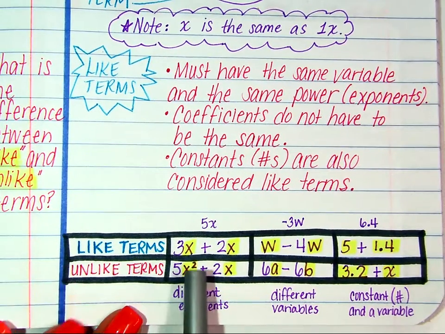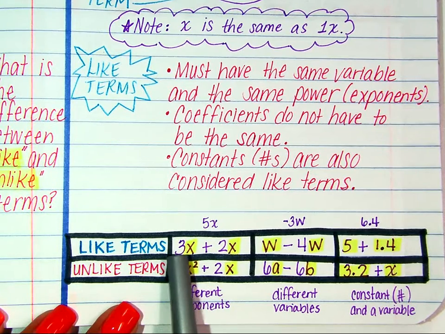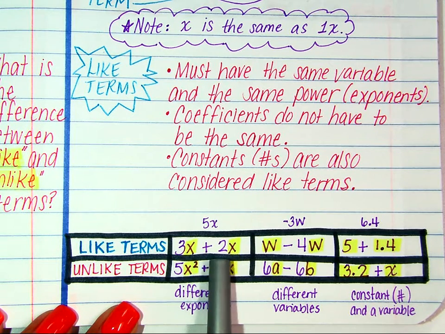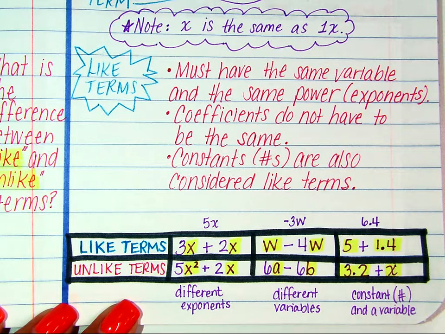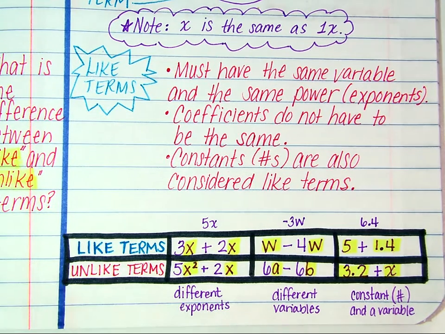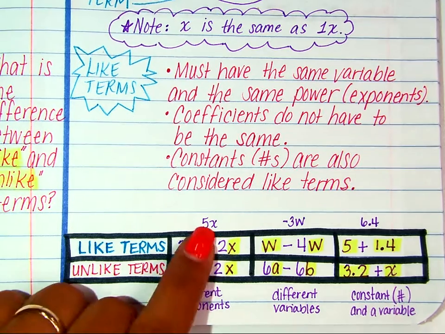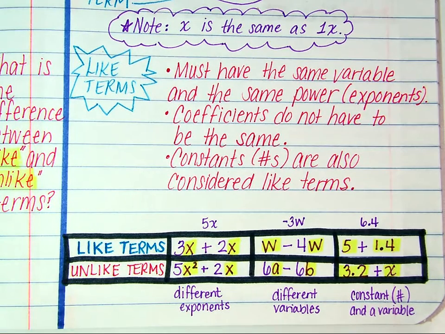Okay, and so let's look at some examples here of like terms and unlike terms. You'll notice here for my like terms I have 3x plus 2x. So here's an expression that, if we were given 3x plus 2x equals, say, 15, before we can solve that, we would need to combine the like terms. We don't want to solve for x twice.